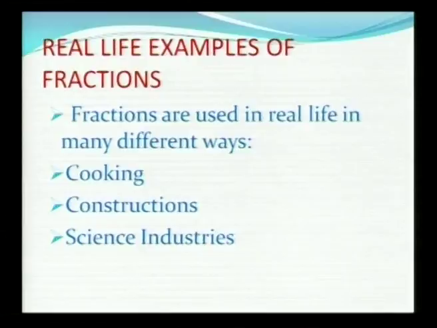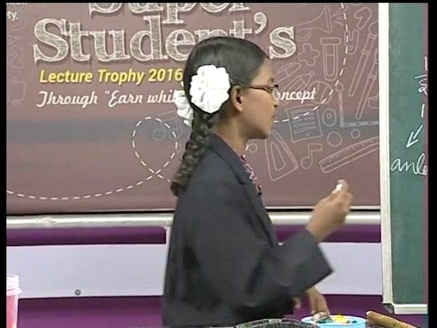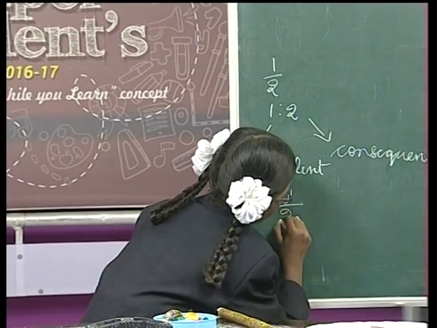Friends, here are real life examples of fractions. Fractions are used in real life in many different ways: cooking, constructions, science, industries. Friends, for example, in our class we have 20 benches. How to convert it into fraction? Yes, 1 by 20.